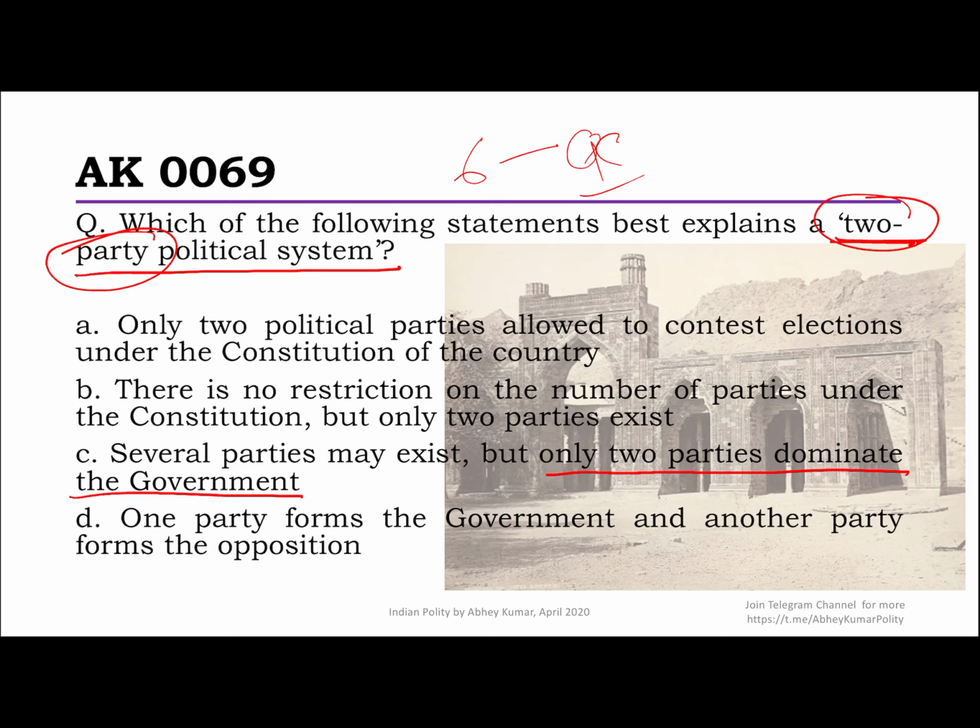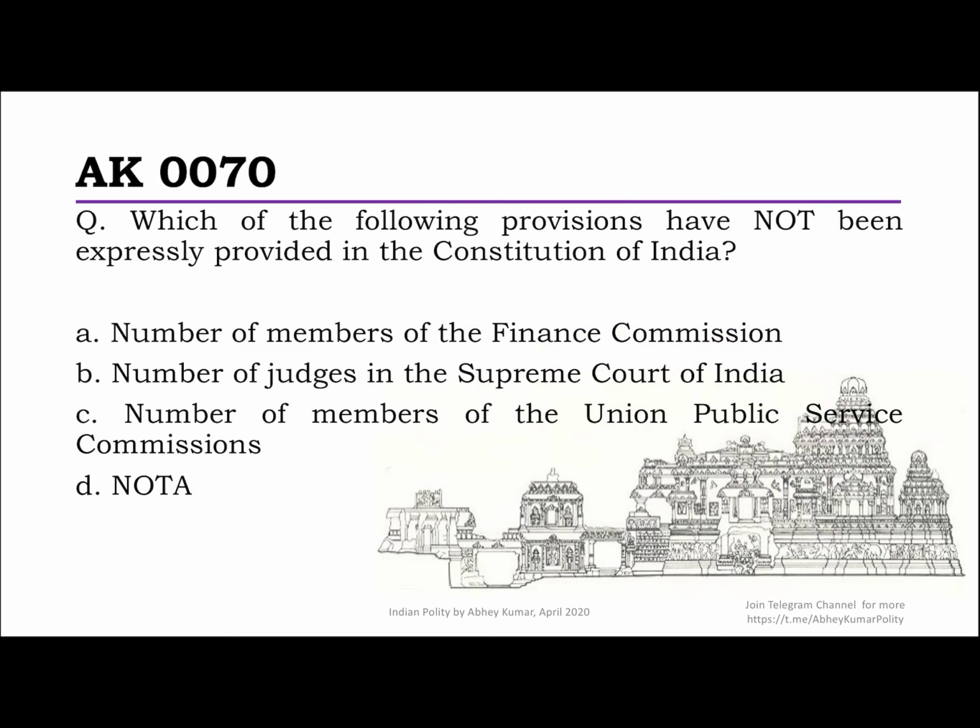Similarly in the UK as well. So please do understand that a two-party political system does not mean just two parties. It means multiple parties with dominance of two parties, or even in a way two ideologies or two schools of thought, with all the parties congregating around themselves. So that's your two-party system.